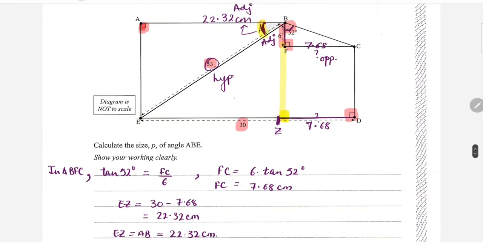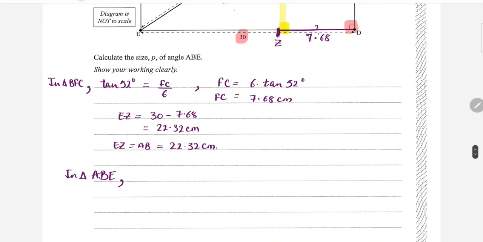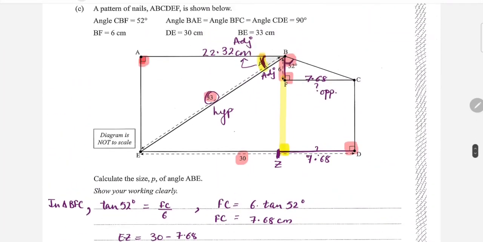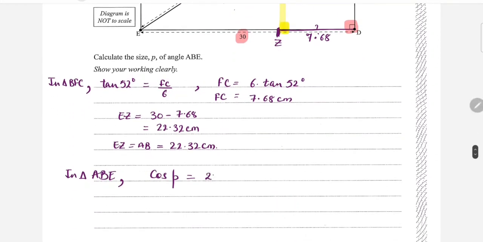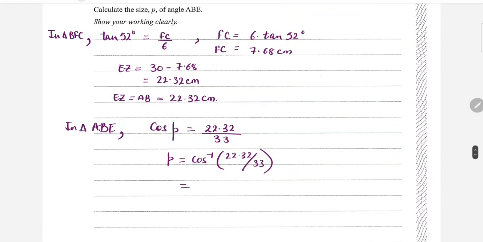We have cos P is equal to adjacent 22.32 over 33. So P is equal to cos inverse of 22.32 over 33. Put that into the calculator. Make sure your calculator is in degrees, and that will give you P is equal to 47.4 degrees.